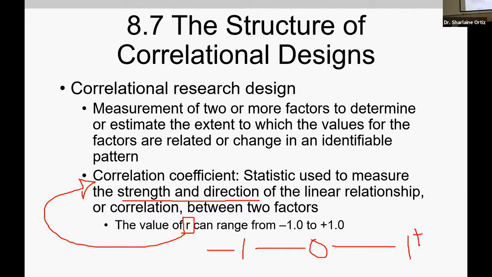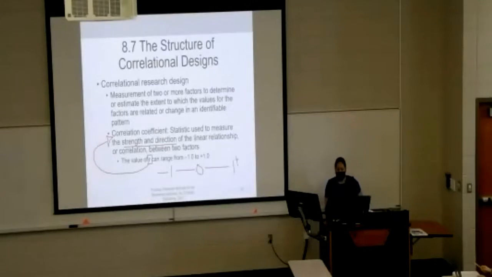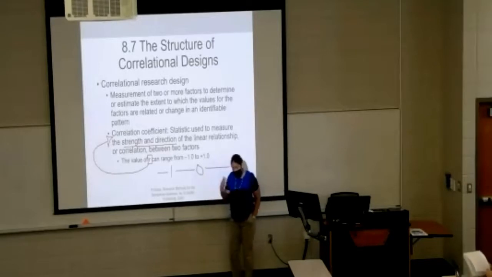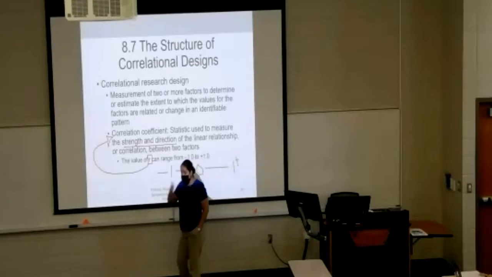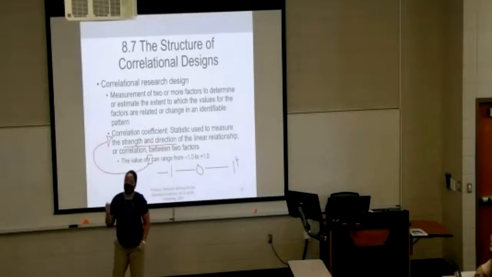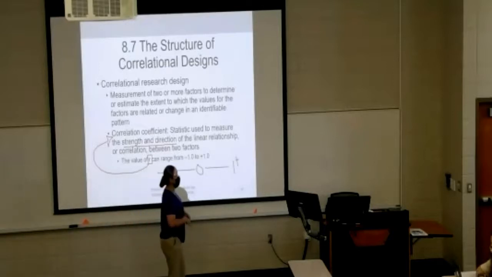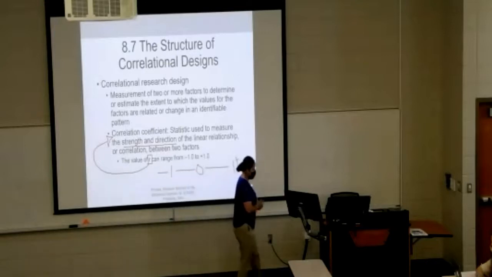Why is this important? So when I have a correlation, if the value is 0, that is telling me there is no correlation. If the value of R is 0, it is telling me that there is no correlation.